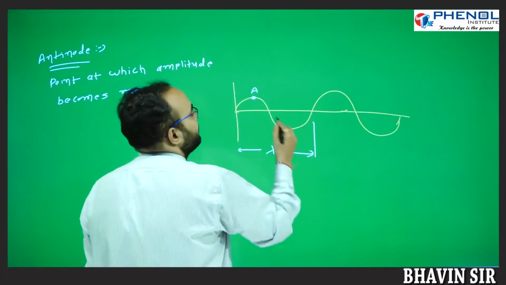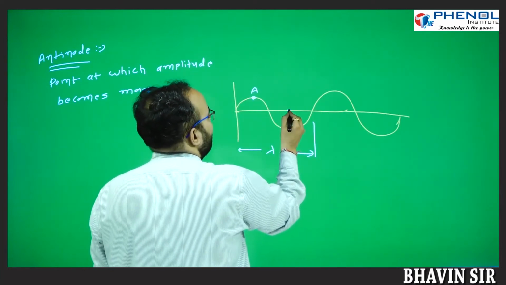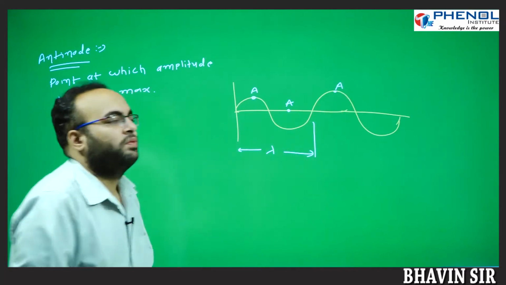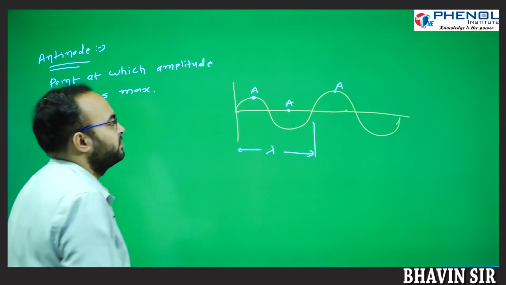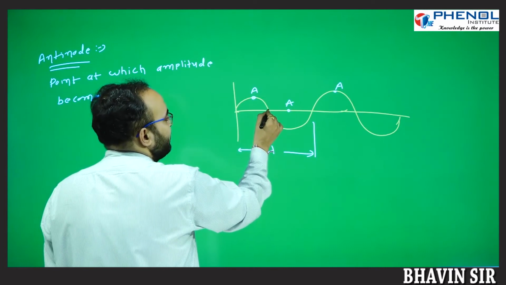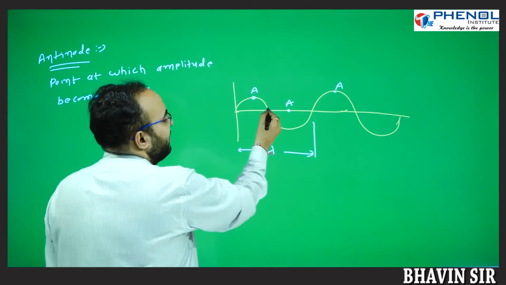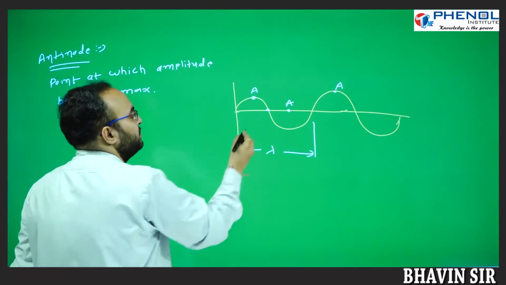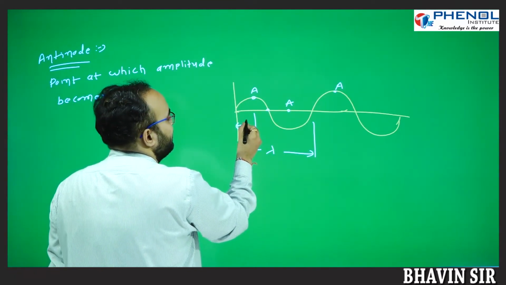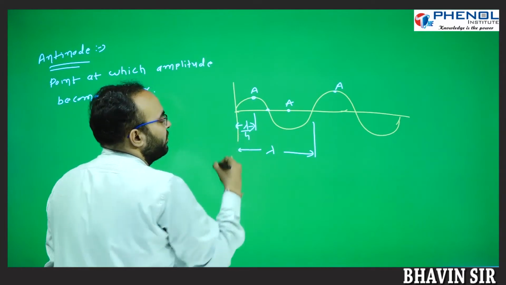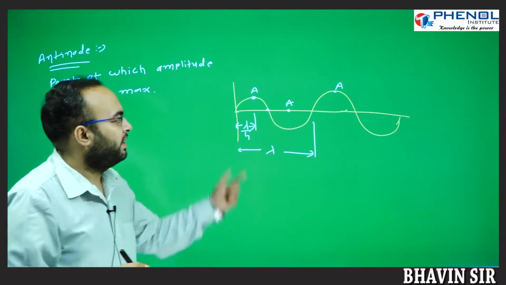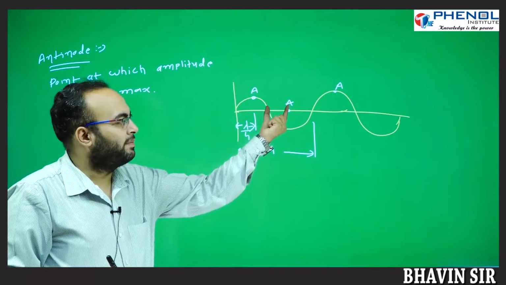Antinode means where amplitude becomes maximum. So this is an antinode, this is also an antinode. So students, that distance is lambda by 2, but this is again half, so this is lambda by 4. Then this distance is 3 lambda by 4. Okay, lambda by 4, lambda by 4, 3 lambda by 4.